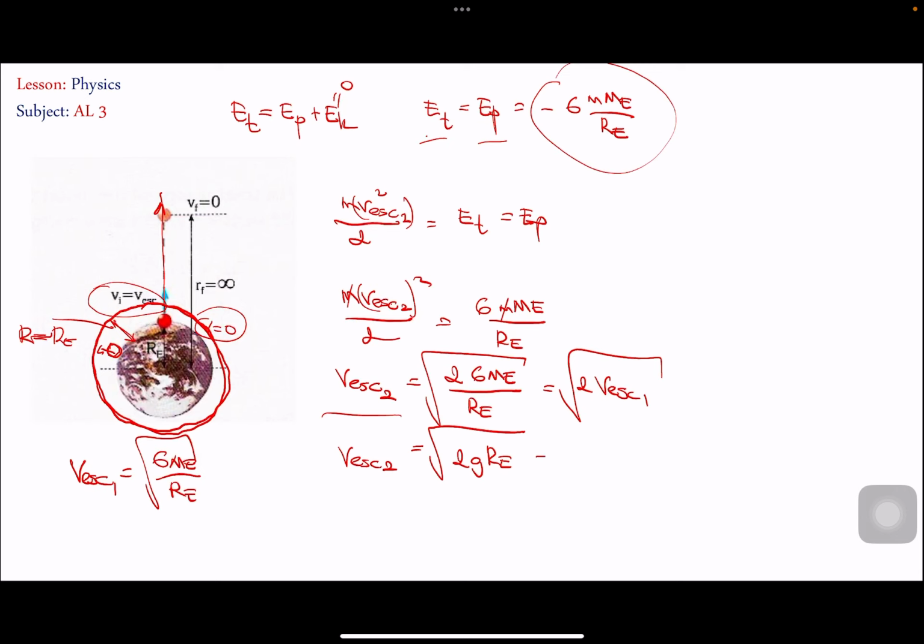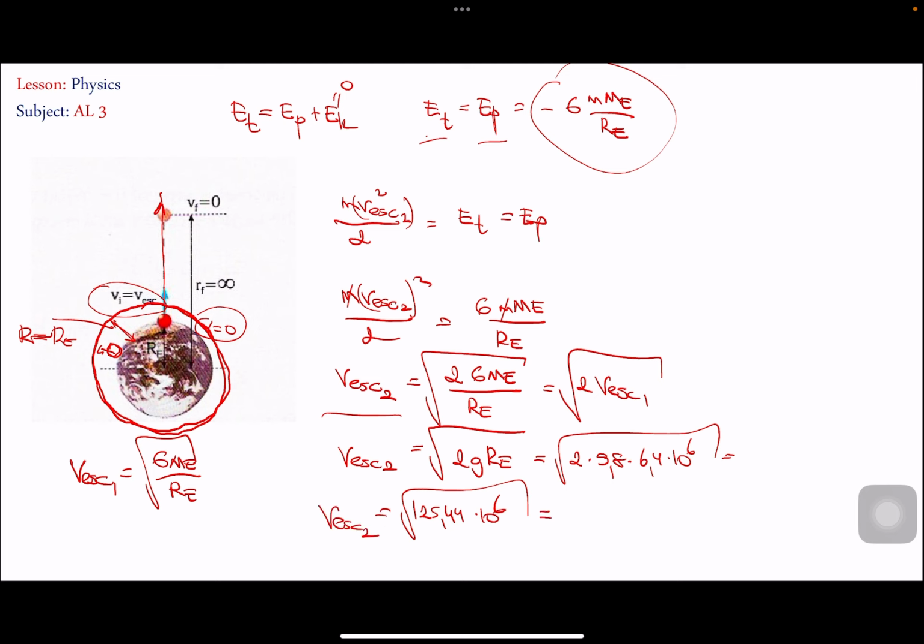I will multiply 2 by 9.8 and by 6.4 times 10 to the power 6 and take the root. So 2 times 9.8 times 6.4 gives me 125.44 times 10 to the power 6, in root. That will give me the escape speed 2.